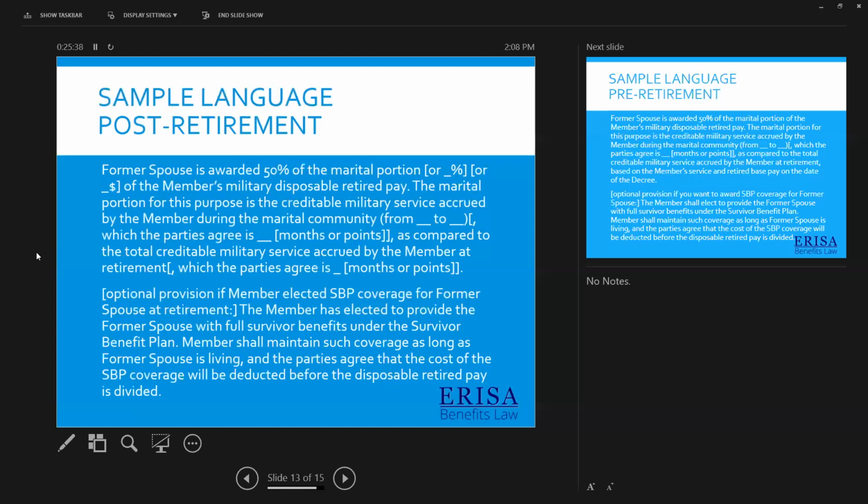And while you have the ability to do discovery and get the information you need, I recommend that you specify the particulars, what the dates were, how much service was during marriage. If this is post-retirement, then you can specify how much service there was at retirement. And then there's an optional provision there if you're going to preserve the survivor benefits that were awarded.